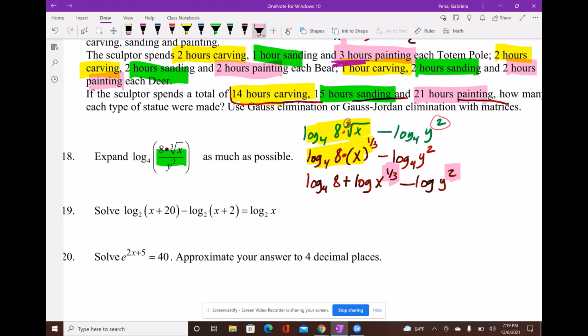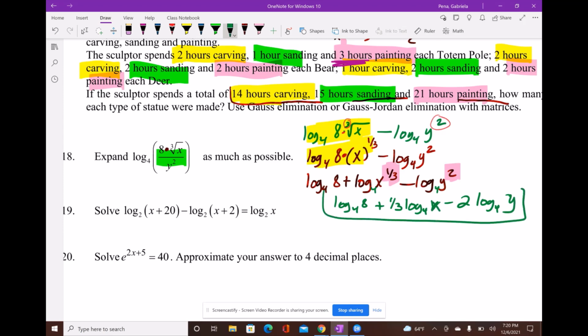To the front. To the front. So this becomes log base 4 of 8. There should be a 4 there and a 4 there. For some reason they weren't. Plus 1/3 log base 4 of x minus 2 log base 4 of y.